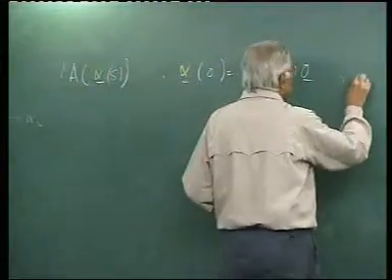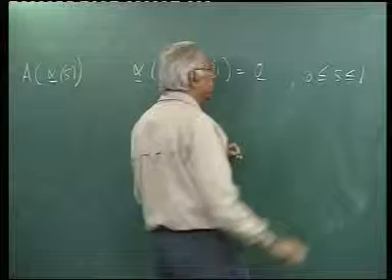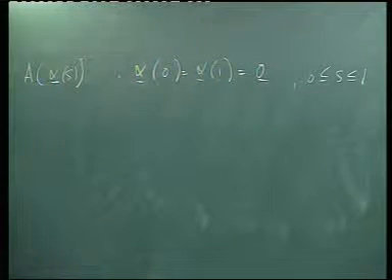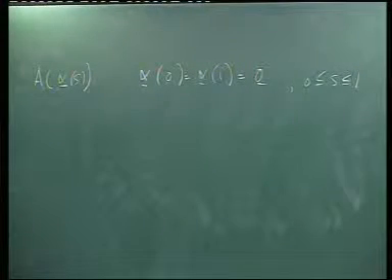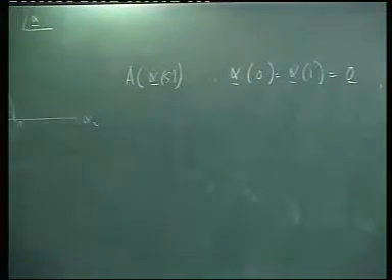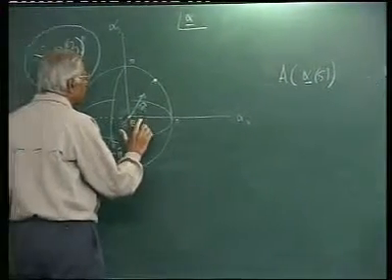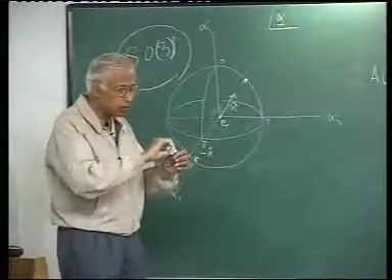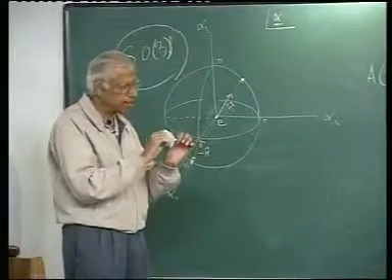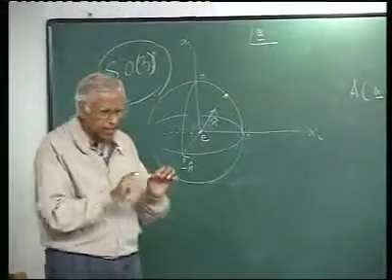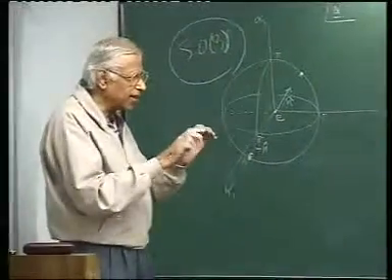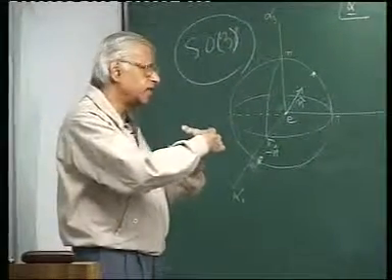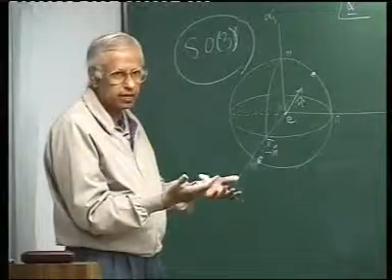So it means the parameter runs from 0 to 1, let us say, and it begins at unity and ends at unity. Now, suppose I have one such loop at the unity, and suppose I have another loop at the unity, two loops, both starting and ending at the unity. If in a continuous way, without cutting, scissoring and so on, one loop can be deformed into the other, we say they are equivalent.